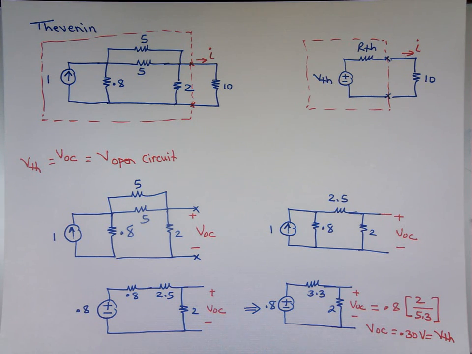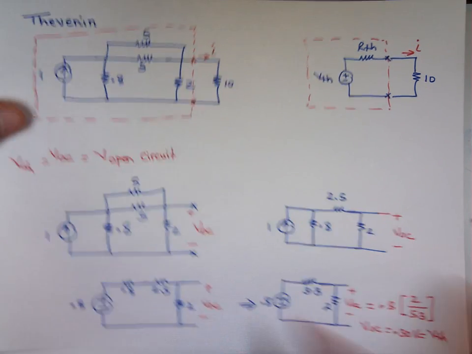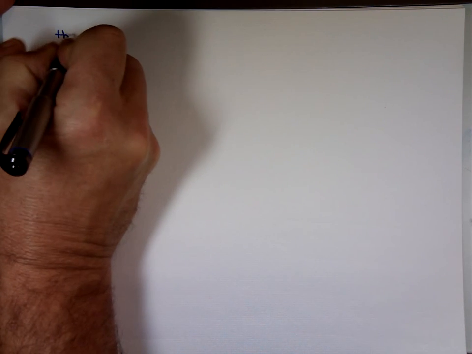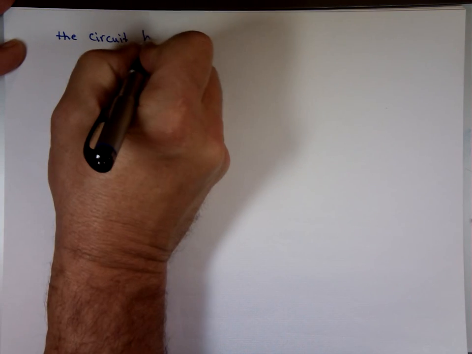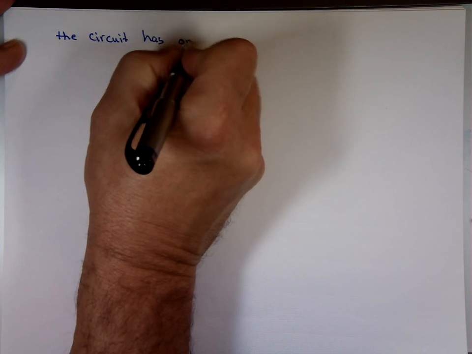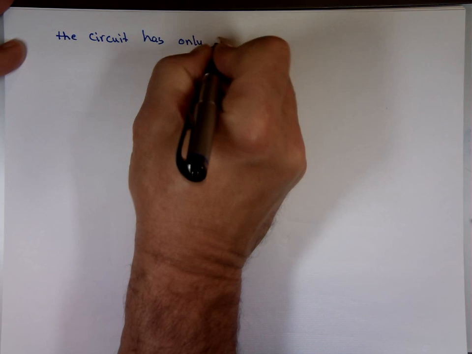How do we find R Thevenin? There's multiple ways of doing them. Every book has a different technique. What I found out, probably one of the best methods, is to follow these guidelines.